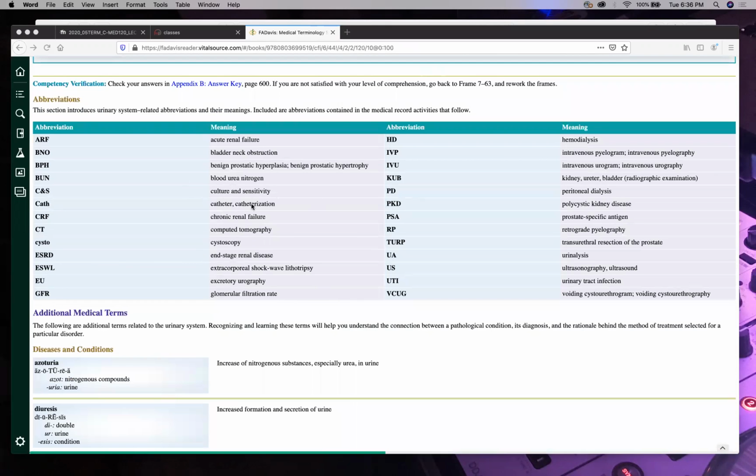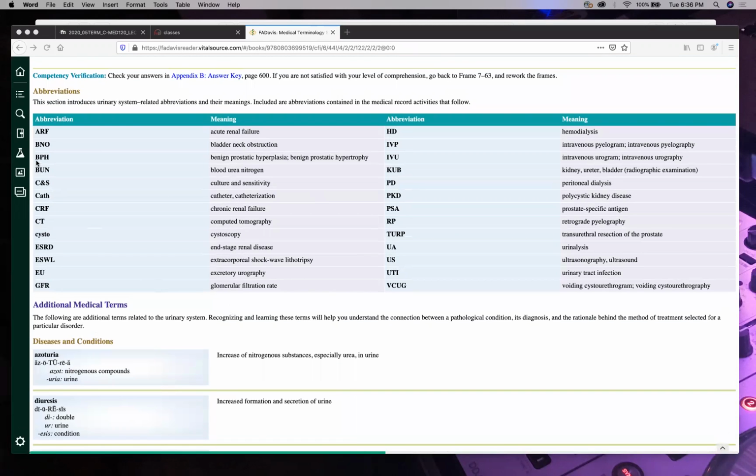Know your abbreviations. I'm going to go over a couple of them that are relevant. ARF is acute renal failure versus CRF, chronic renal failure. If you look at the term, chron means time, right? And acute means it happened really fast. Something like chronic renal failure is something like diabetic nephropathy.